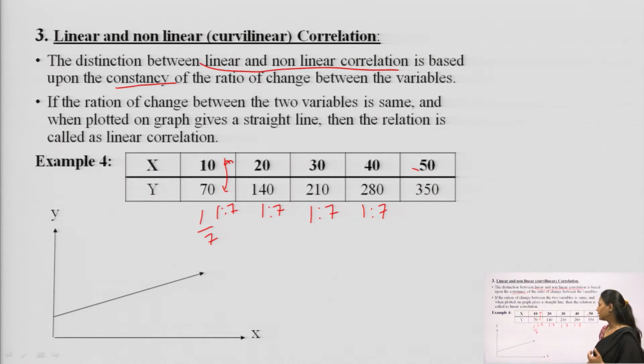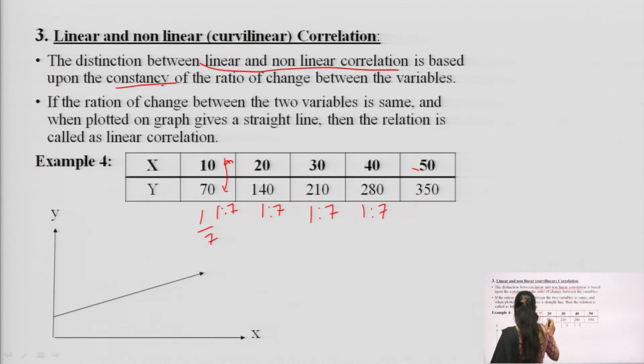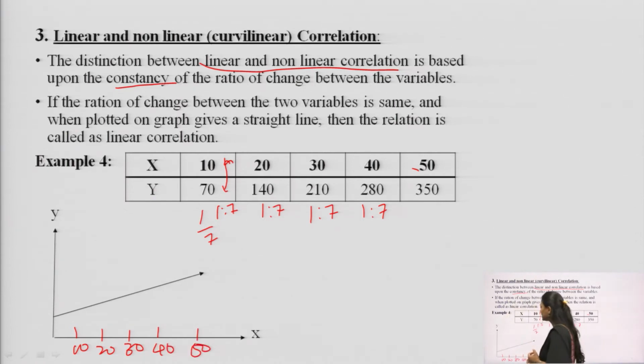If we are plotting this onto the graph, we will get a linear curve. It is giving us a positive linear curve because it is going in the upward direction.